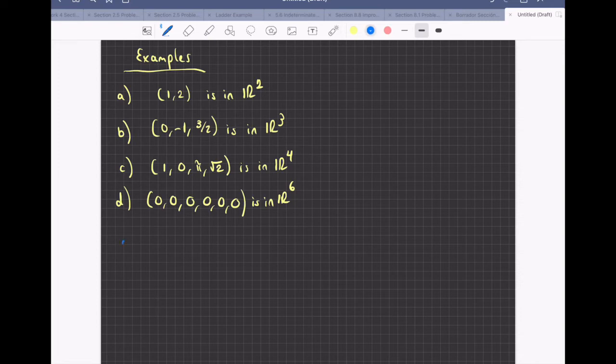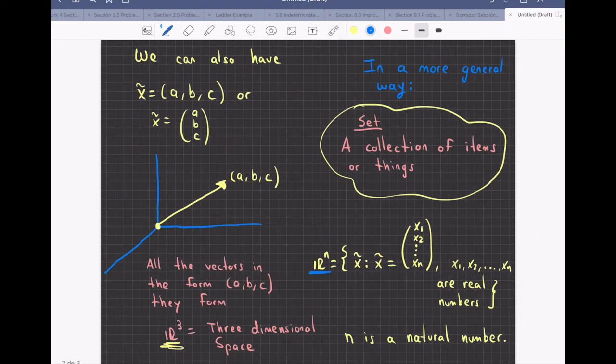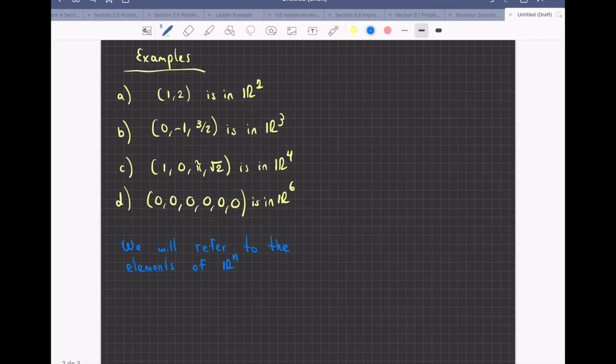So we will refer to the elements of Rn, for any n, where n is a natural number, from now on as vectors.